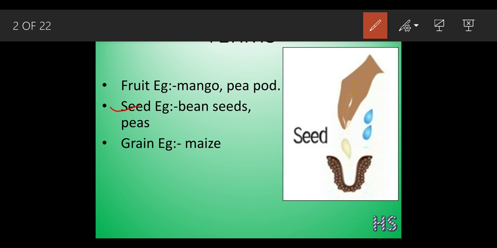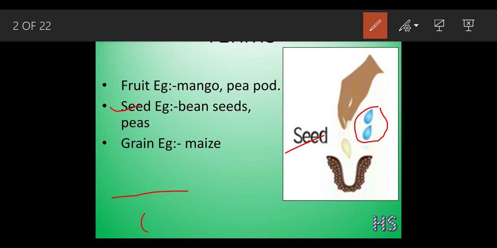Here we can see a person inserting a seed into the soil, with droplets of water. It is diagrammatic. What is this seed going to do? After a few days, the seed is going to germinate, and after germination, it will form a plant.